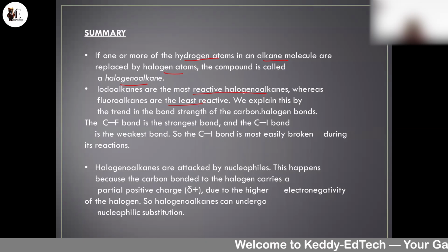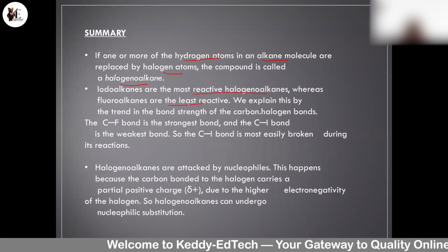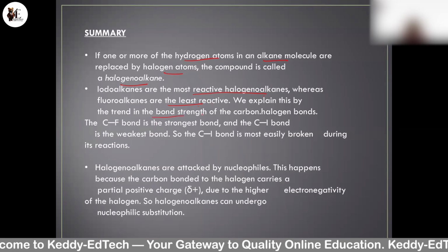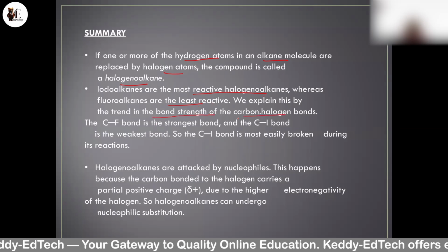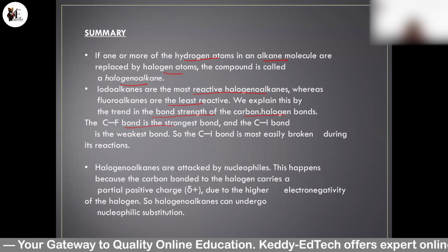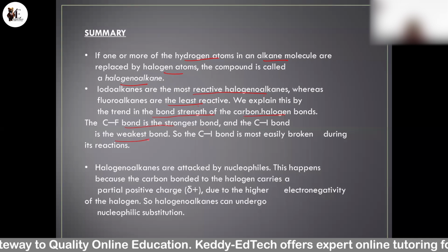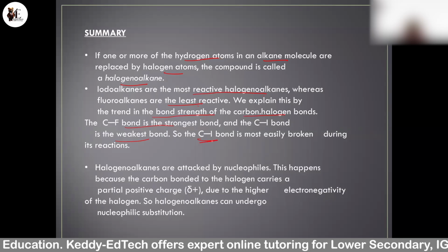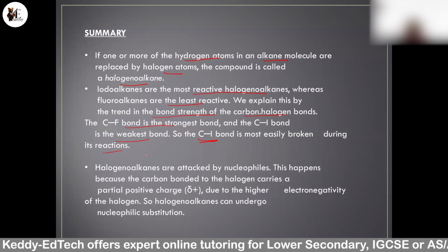Reactivity increases down the group of halogens. How can we explain this? By the trend in the bond strength of the carbon-halogen bonds. C-F is the strongest bond and the C-I bond is the weakest bond, so it is easier to break the C-I bond during the reactions.